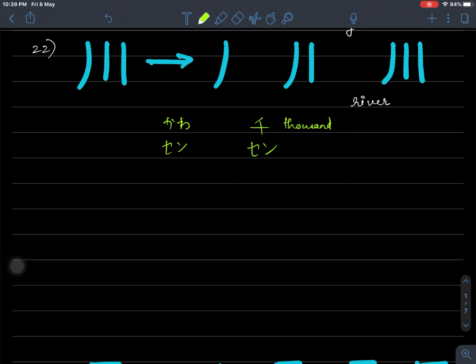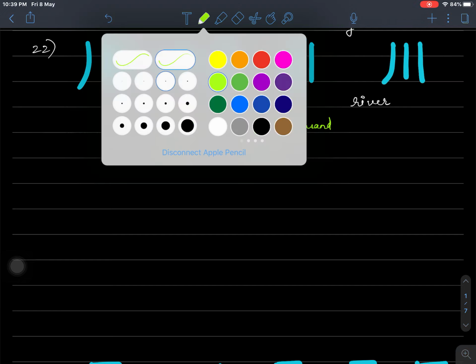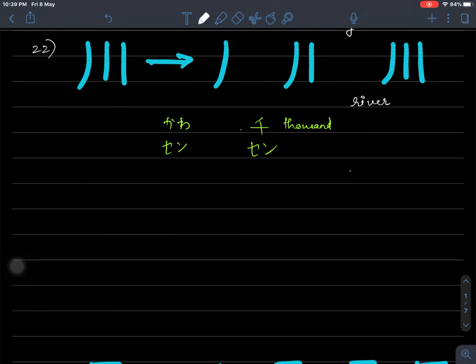But you will see more often than not that there will be a greater number of kanjis with the same on reading than the same kun reading. So yes, this is a point of confusion for many. It was for me when I started off. So just please keep this in mind. Do not get confused. Do not think that you've already covered one kanji with the reading of sen, so therefore this cannot be sen. That's not how this works.